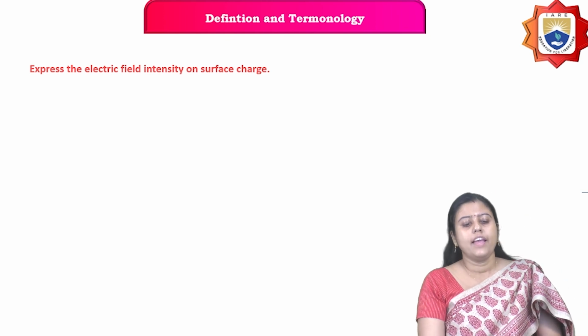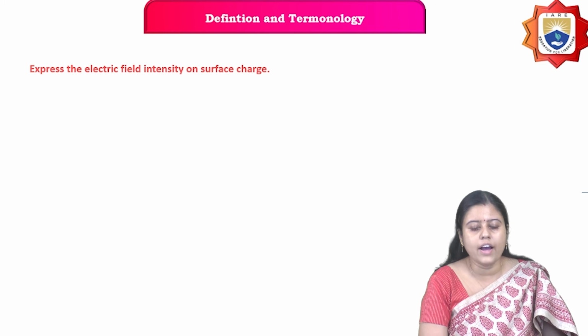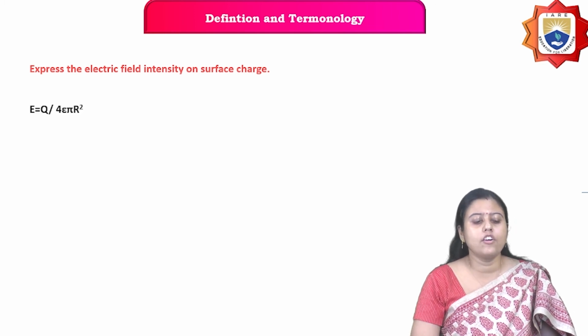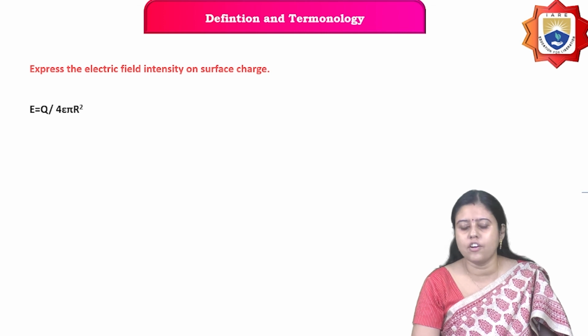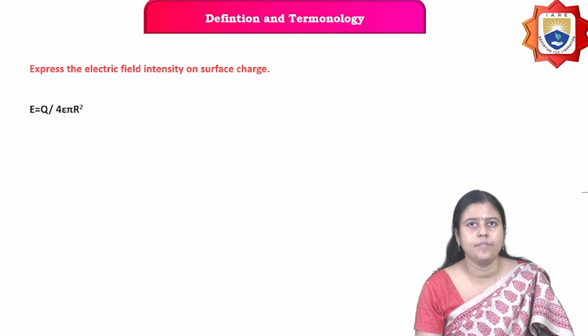Next definition. Express the electric field intensity on a surface charge. We already got for a point charge E is equal to Q by 4 pi epsilon r square.